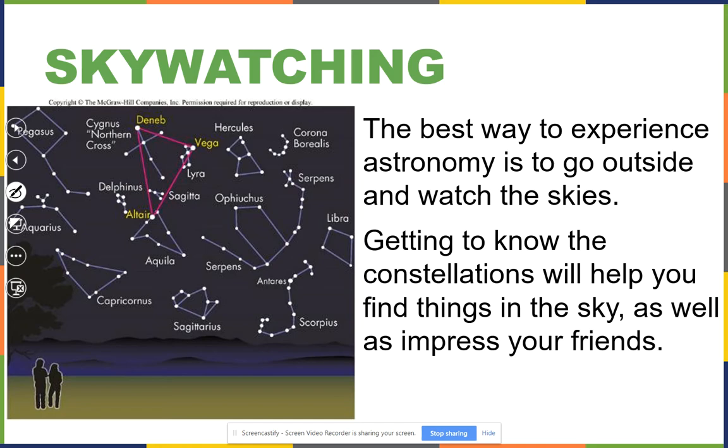So if you look at these pictures, there are certain ones that you are probably going to learn pretty well. Like, you'll learn Lyra, the lyre. Maybe Lyra, I don't know. You'll learn Cygnus. And you'll hopefully learn Delphinus, because I love Delphinus. It's hard to see, very faint. You might learn Hercules.